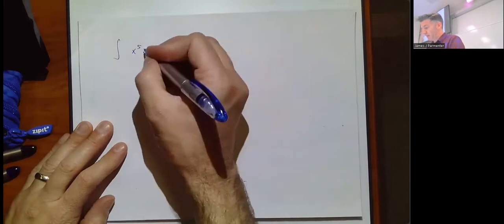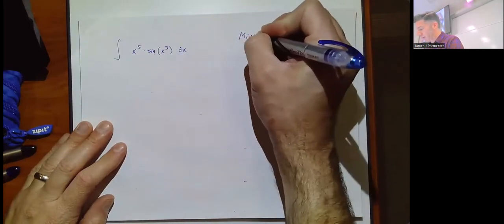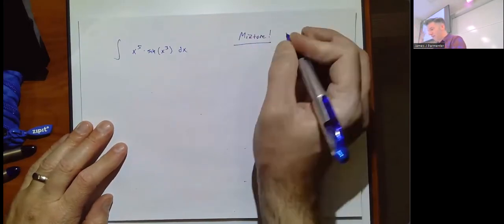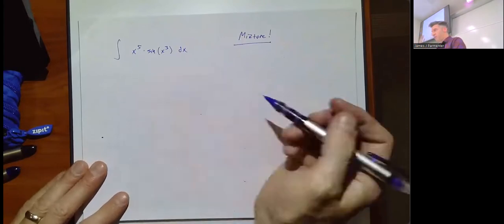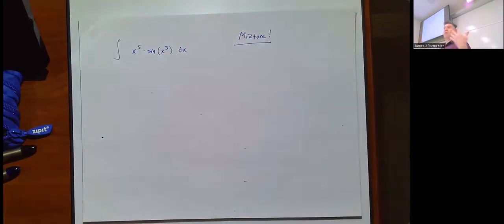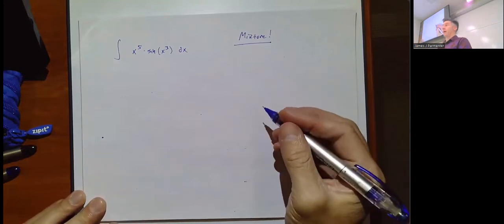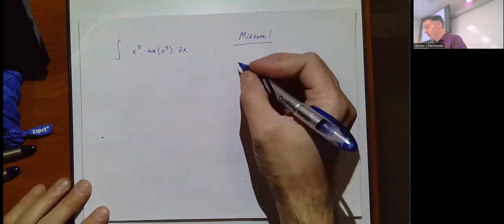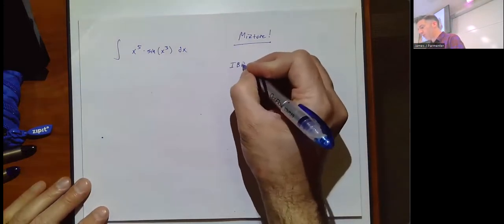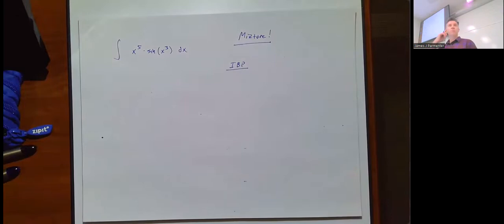If I'm thinking, so again, I'm thinking it's a mixture. That's the only thing I'm really confident of, is I've got x to a power and I've got a trig function. So I could either try a u sub or I could try integration by parts. Integration by parts is not a good thing to do yet, and here's why. If you were going to try integration by parts, what's the thing we should choose for u? X to the 5th, right?